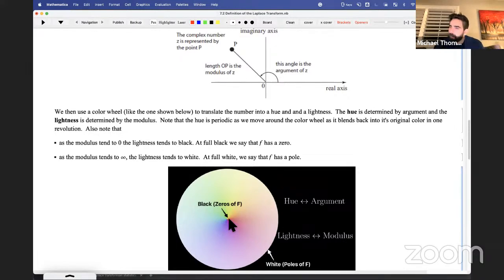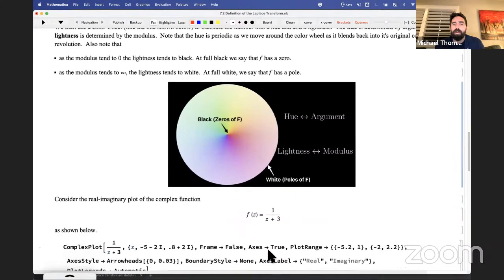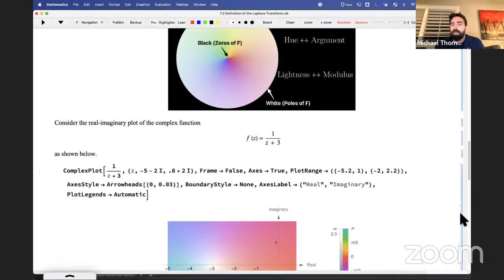And as the size of the number, I mean this distance, gets larger, it'll go all the way out to the edge and approach whiteness. It'll tend towards getting lighter and lighter and lighter. Okay, so at that point where it goes infinite white, we call that a pole. All right, so let's take a look at an example.